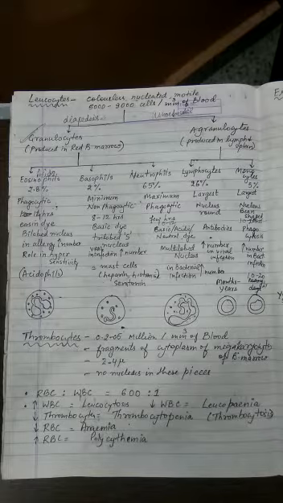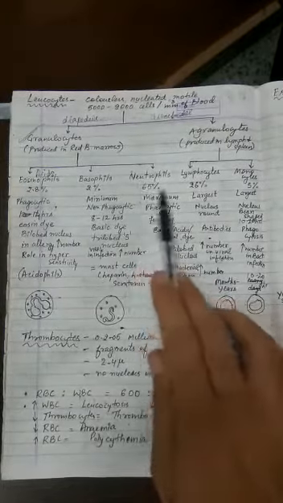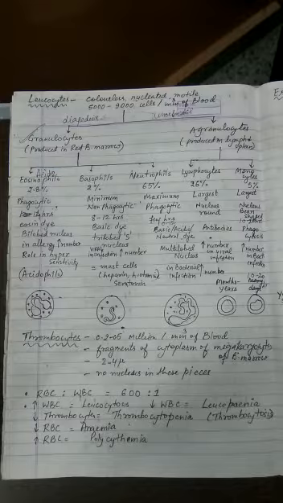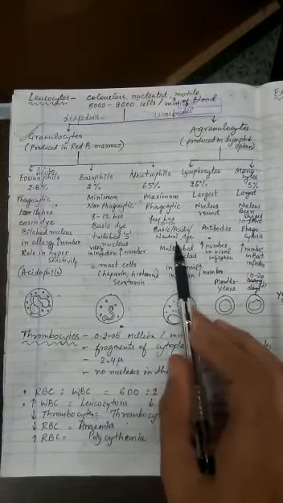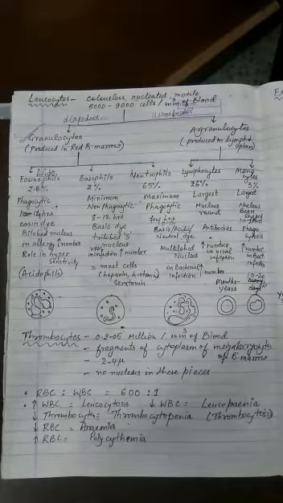The next one is the neutrophils. Now neutrophils are the maximum one when we talk about the percentage. It is 65% of the total number of the WBCs, and they stain easily with both acidic dyes as well as basic dyes, or you can say they can easily be stained with neutral dyes. Remember, these acidic and basic dyes should be lightly acidic and basic, not strong ones.